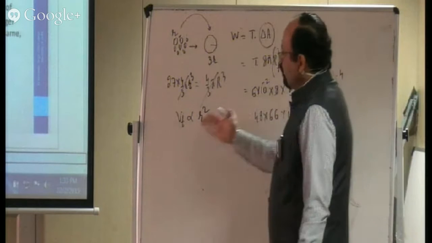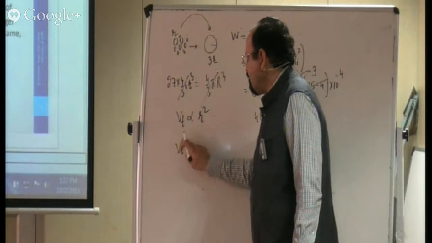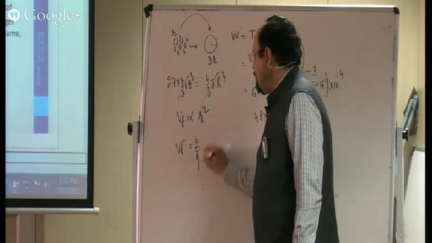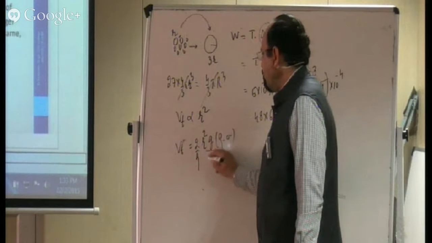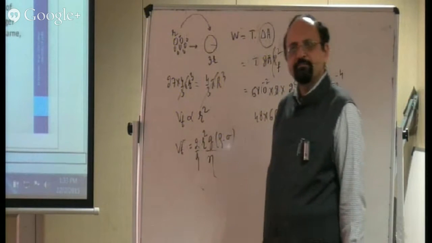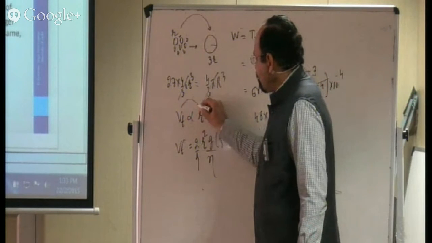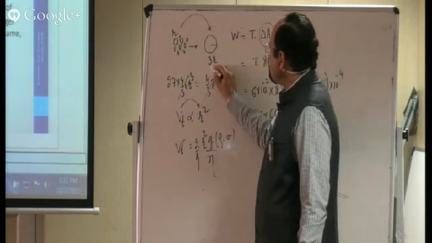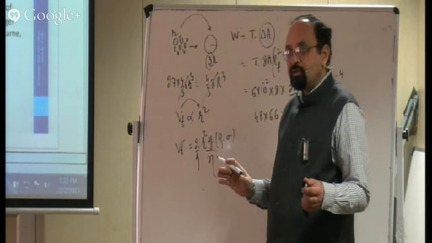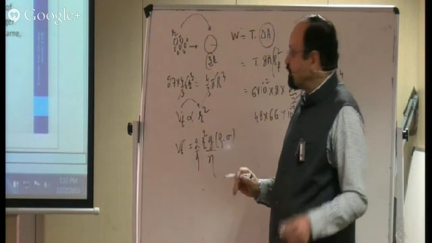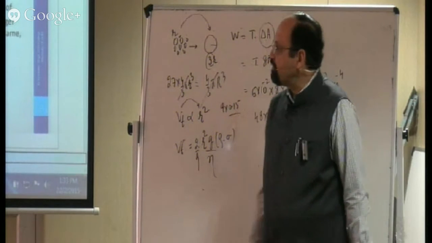Please don't go for the complete formula. We know that the formula for terminal velocity is 2 by 9 R square g (rho minus sigma) divided by eta. Why write all this? You write the minimum. Vt is proportional to R square, and since R has become 3 times, it's going to be 9 times. So it is 9 times 0.15. I think now it's not difficult for you to answer.